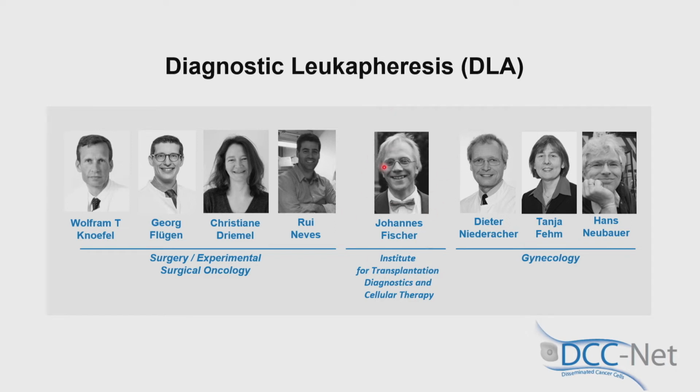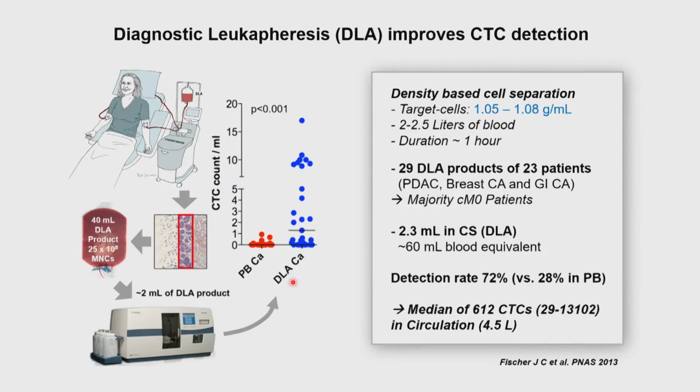And very important here is Johannes Fischer, with whom I developed this approach, and of course our fantastic teams from gynecology and from my surgical department. So in our first study a few years ago, we compared a peripheral blood draw with the leukapheresis that was done after the blood draw.